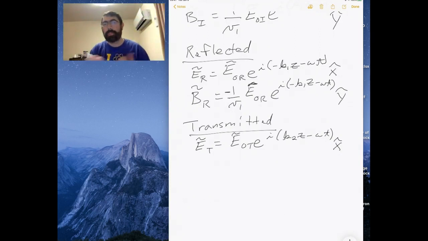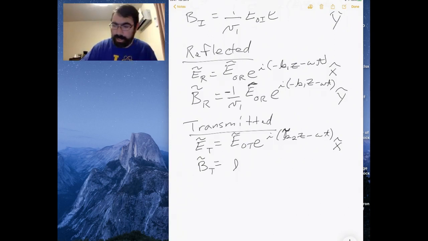And from our previous study of the electric field and magnetic field in a conductive medium, this wave number is complex. So I'm going to put a little tilde on top of k2. And finally, the magnetic field is k2 tilde over omega. That's the velocity part of it.